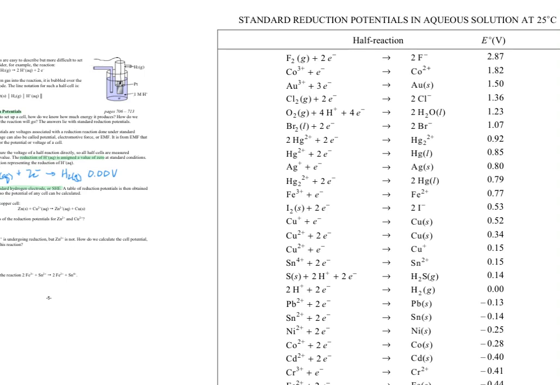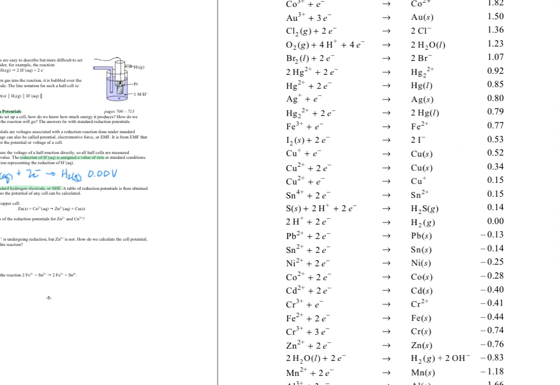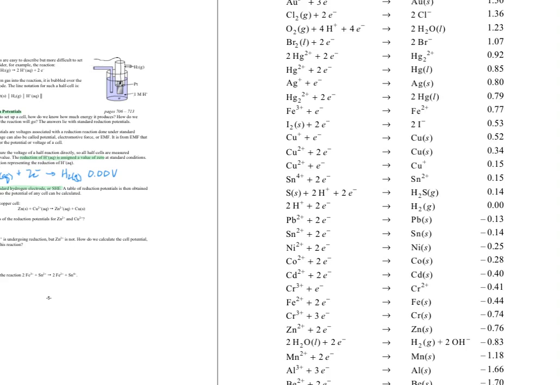So if you'll notice, let me scroll down just a little bit, right about here is that standard hydrogen reduction and its assignment of 0.00 volts. And you can see that there are potentials above it with all positive values and potentials below it with all negative values. We're going to get into the importance of that sign in a little bit.